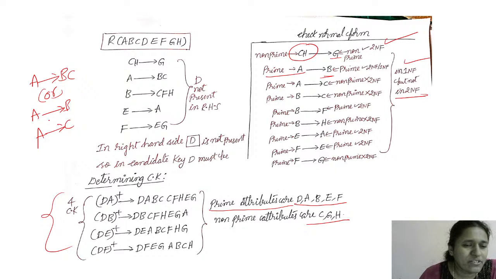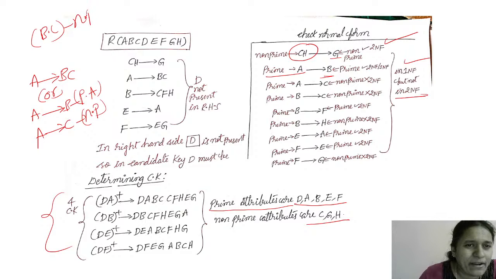If we have confusion, what we can observe is B is a prime attribute and C is non-prime. We can say the combination BC is non-prime because one of the attributes is non-prime. That's why we can say BC is non-prime.